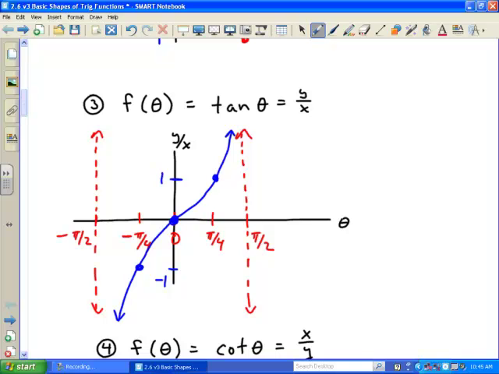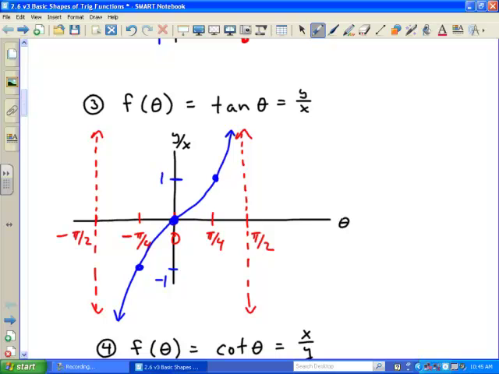Once again, I get this graph by making a t-chart, plotting tangent at -π/4, at 0, at π/4, and these are the values that I get. The 1 and the -1 in this case are what I would call special points, and you need to know where those are located. The big thing for tangent is the right-hand side goes up, the left-hand side goes down.